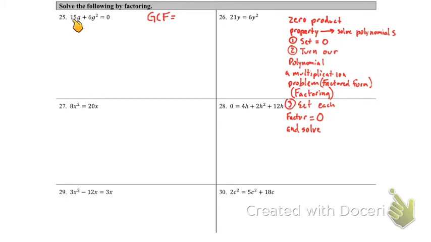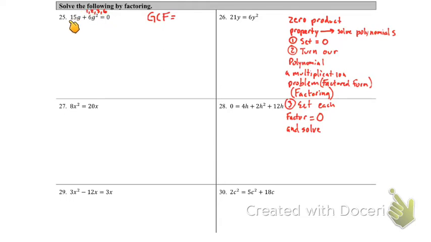Okay, so again we have 15 and 6. This is the first term, this is the second term. I like to start with the smaller number, 6, and I'm going to list everything that divides 6. So that's 1, 2, 3, and 6. Then I'm going to check, starting with the bigger number in our list, can 6 divide 15?